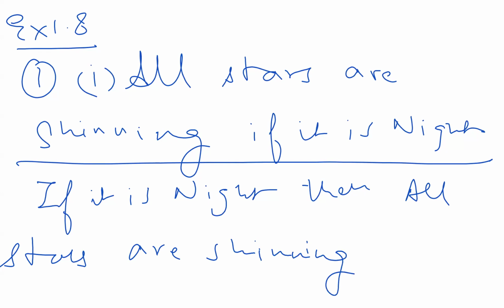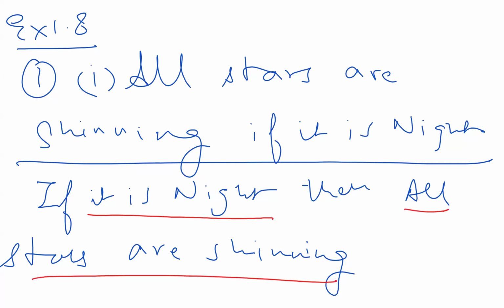And we have to write down the negation of this statement. But then prior to that, we need to convert this into symbolic form. So we'll write it as if P then Q. So this is P and this is Q. P: it is night.